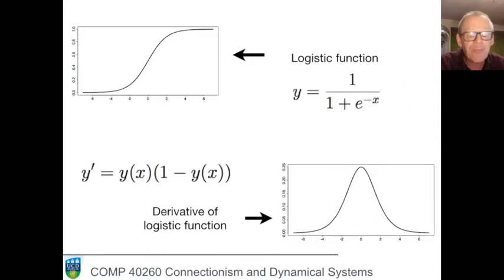As it happens, the logistic function, which is a bit messy to write on paper, y equals 1 over 1 plus e to the minus x, happens to have a very, very simple derivative, which will allow us to compute this additional step very, very simply. So far, we know now how to develop a suggestion for a weight change if the weight lies between the hidden units and the output units.